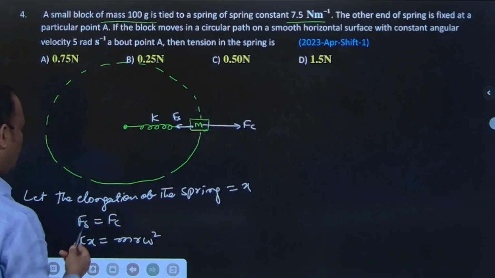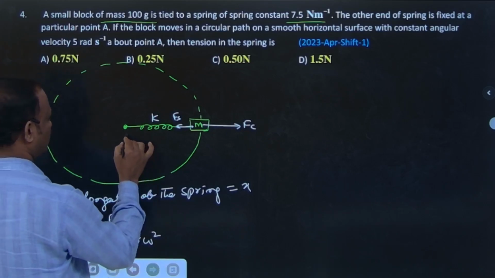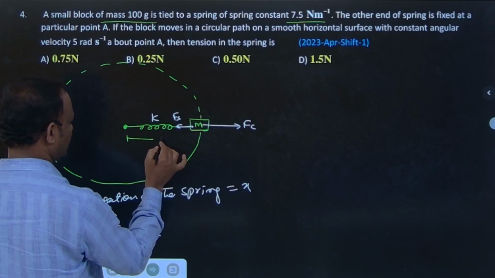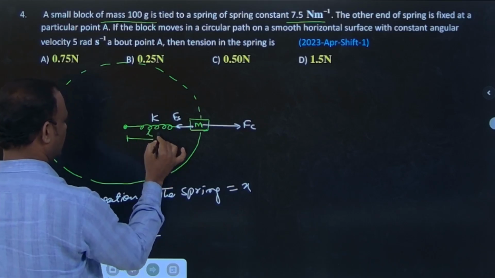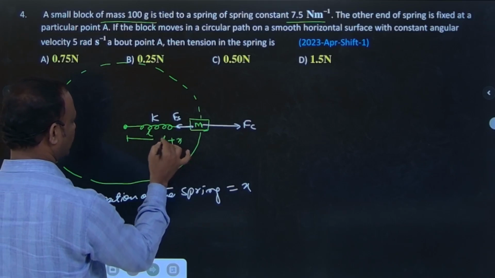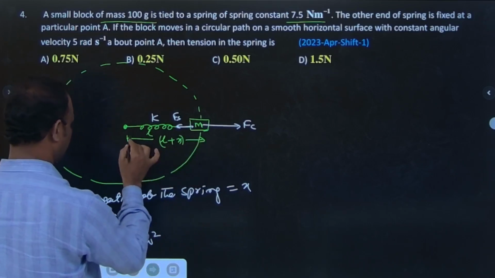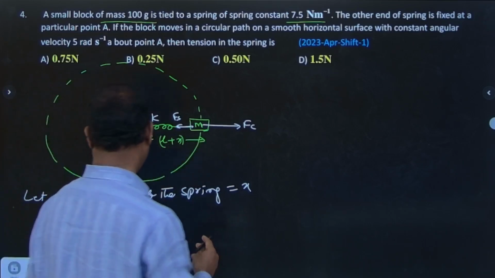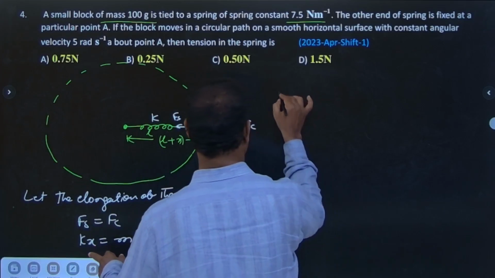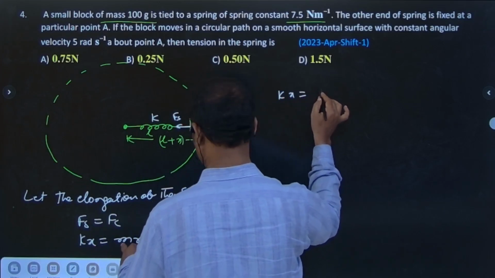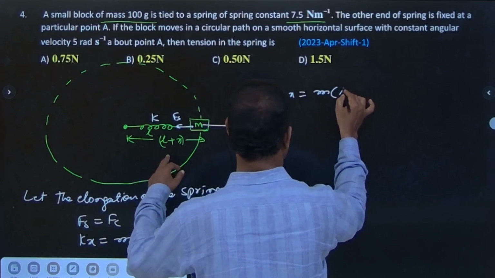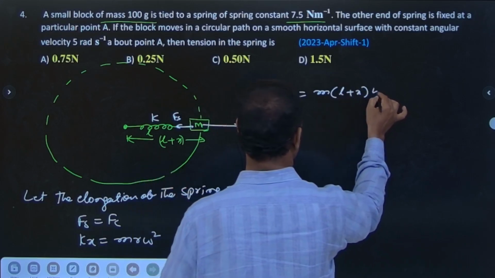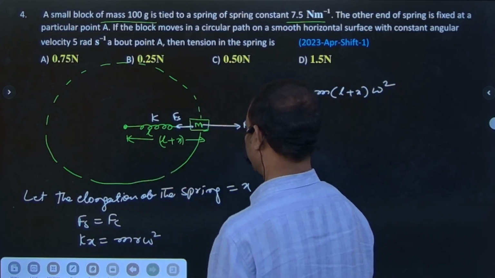So what is the r from this? After the elongation, r is equal to its initial length L plus x. So kx is equal to m into (L plus x) ω².